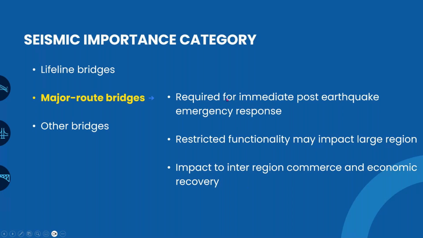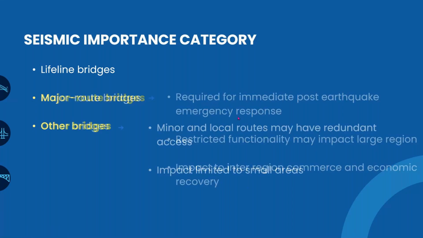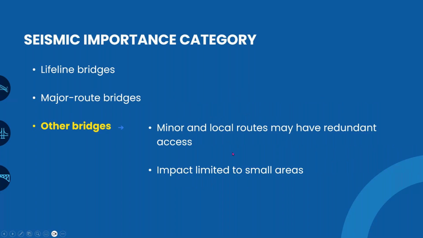So these structures are called major route bridges, and the remaining bridges are called minor or local route bridges, wherein redundant access is possible and it does not impact a very large area. So the classification of the importance category is basically based on the owner of the structure.